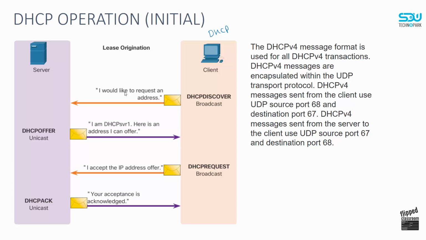That is why my computer has to make a DHCP discover packet, which will be directed to the broadcast, to all the network equipment which is reachable by my computer. The request looks like: I would like to request an address.